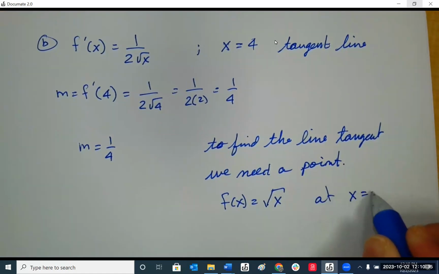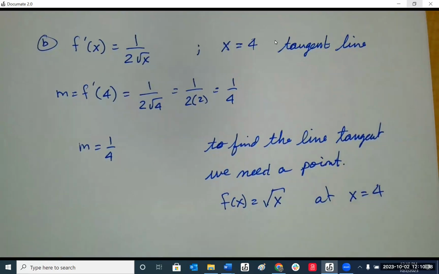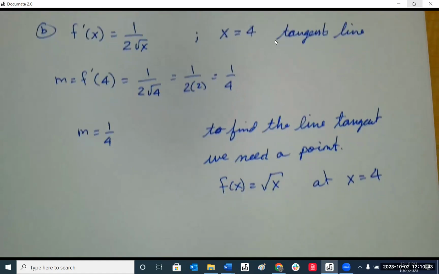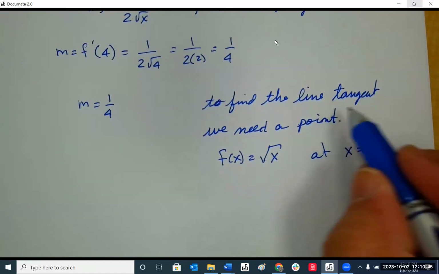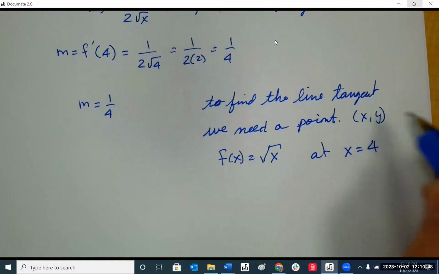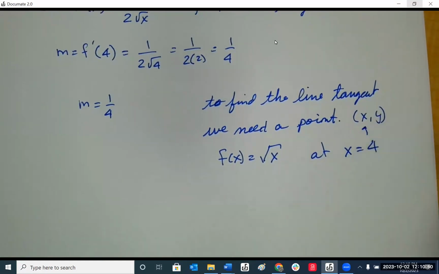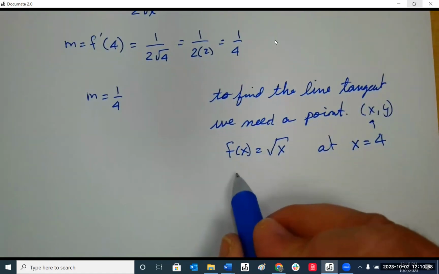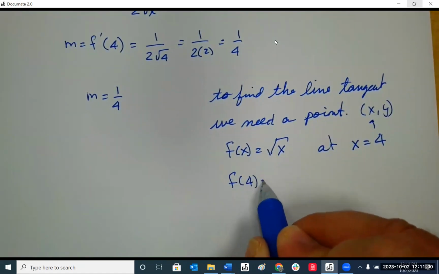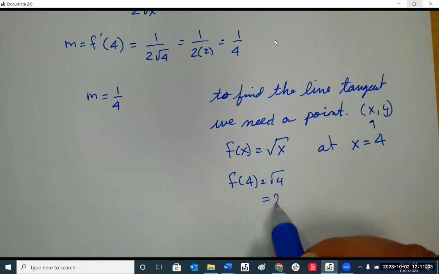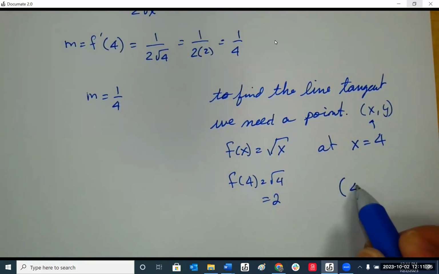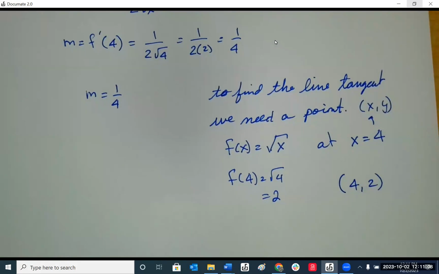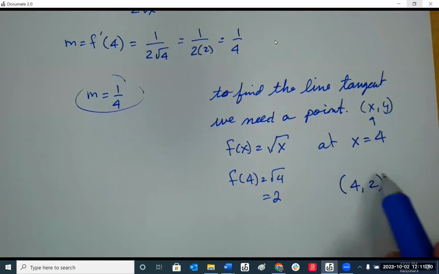And we know that x equals 4. Remember, we need a point. We need an x, y. Well, we have the x. What's the y? Yeah, just plug it in there. So f of 4 equals square root of 4, which is 2. So our point is 4, 2. And our slope is 1/4.